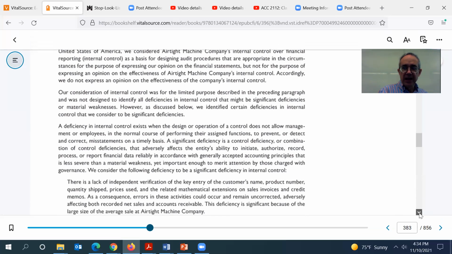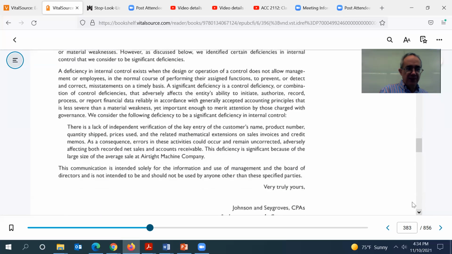So then they define things. A deficiency in internal control exists when the design or operation of the control does not allow management or employees, in the normal course of performing their assigned functions, to prevent or detect and correct misstatements on a timely basis.